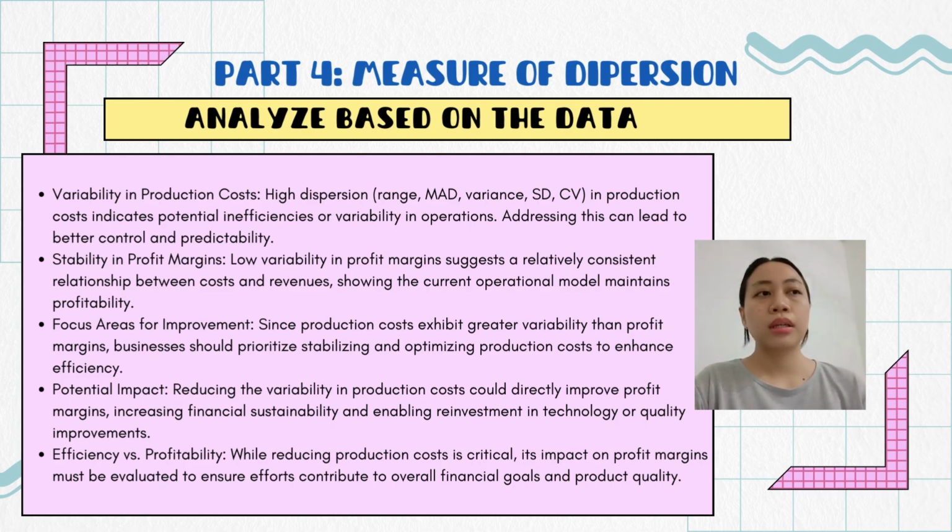Lastly, efficiency versus profitability. While it's important to reduce production costs, businesses should also consider how these changes affect profit margins to ensure they meet overall financial goals and maintain product quality.